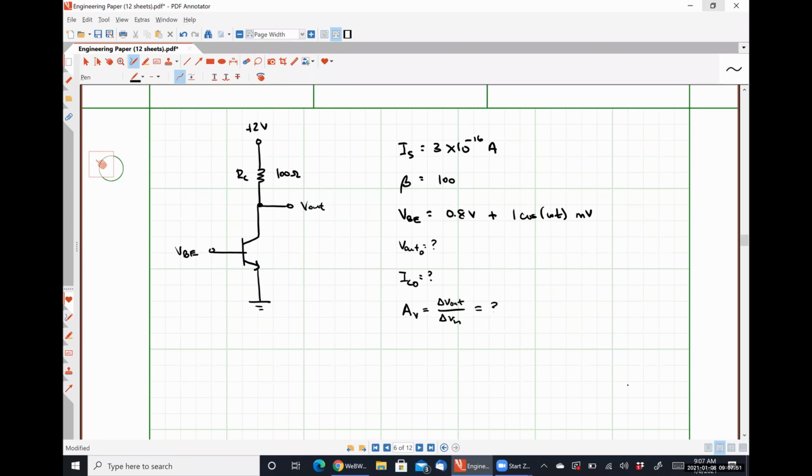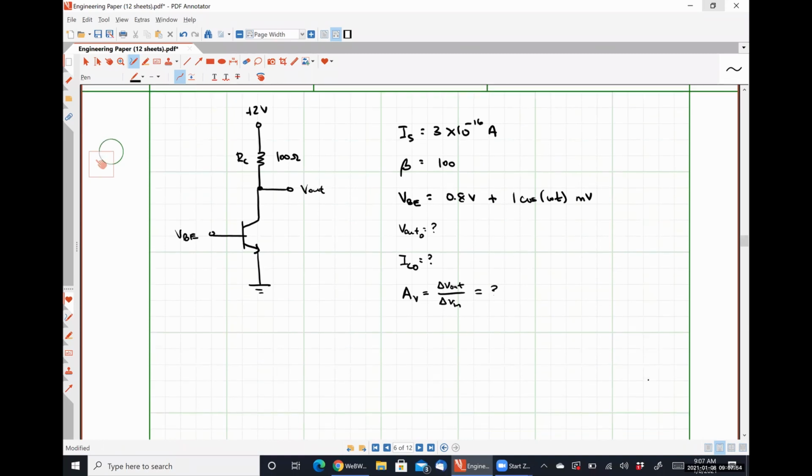So our large signal analysis is going to be pretty straightforward. I'm not going to bother drawing the large signal equivalent circuit here. IC not is equal to IS, so the DC portion of our collector current IC is equal to the DC portion of some quantity.